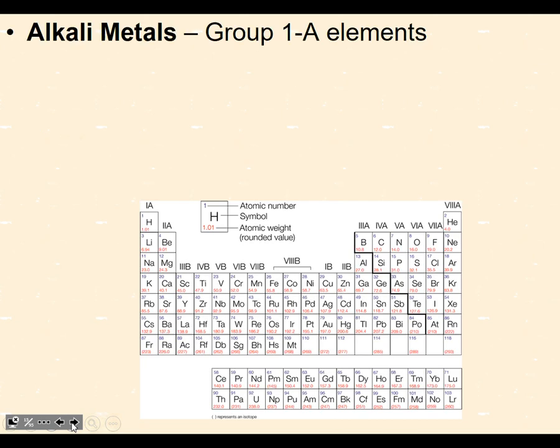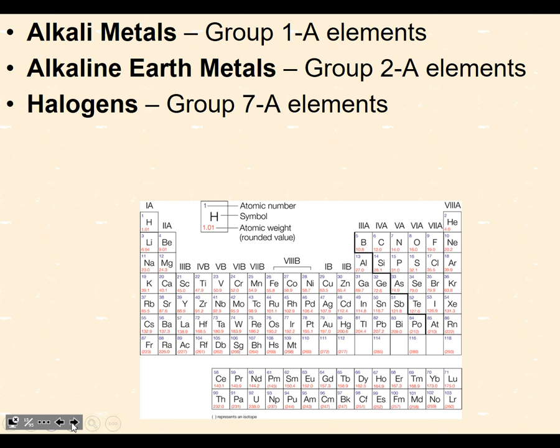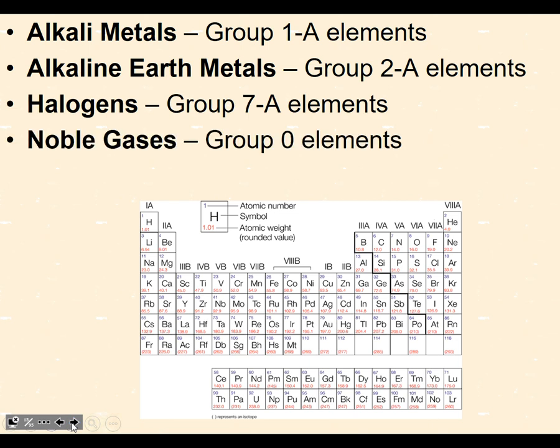In the representative elements, we have some family names. So group 1A is the alkali metals. Group 2A is the alkaline earth metals. And then group 7A is the halogens. And group 8A or group 0, depending on what periodic table you're looking at, are the noble gases. So again, like I said, the ones with the A's are all representative elements. And then we have some specific names.